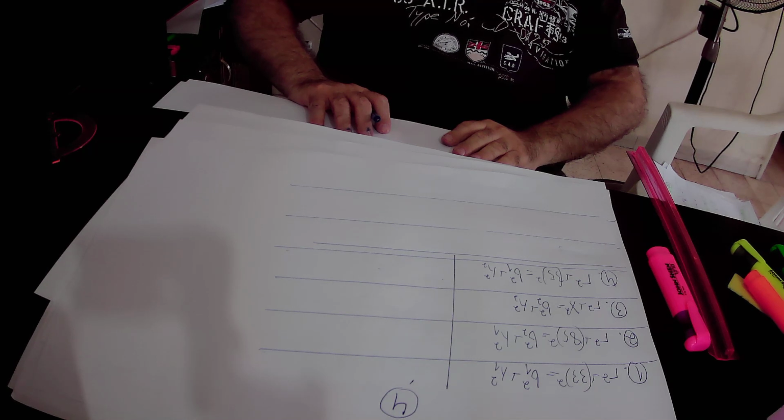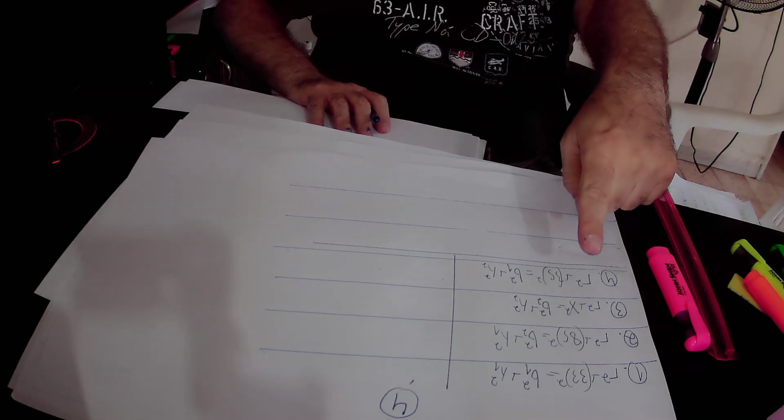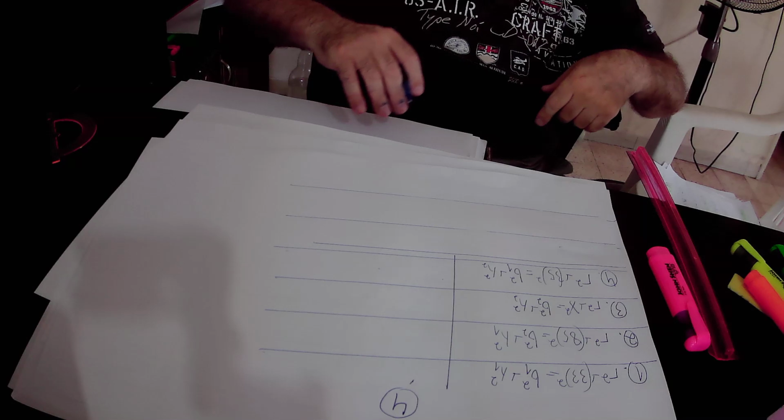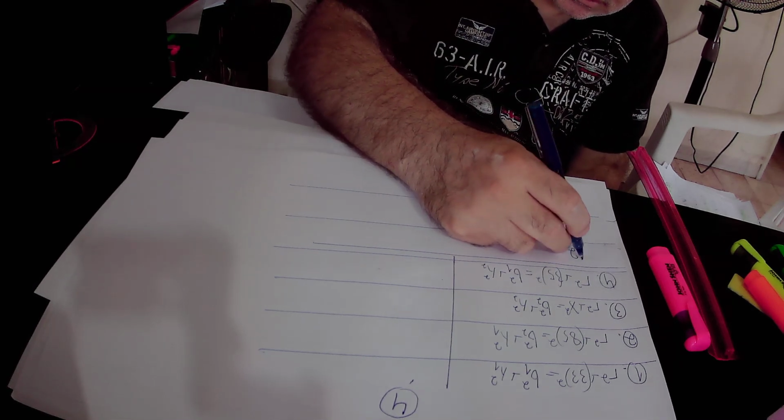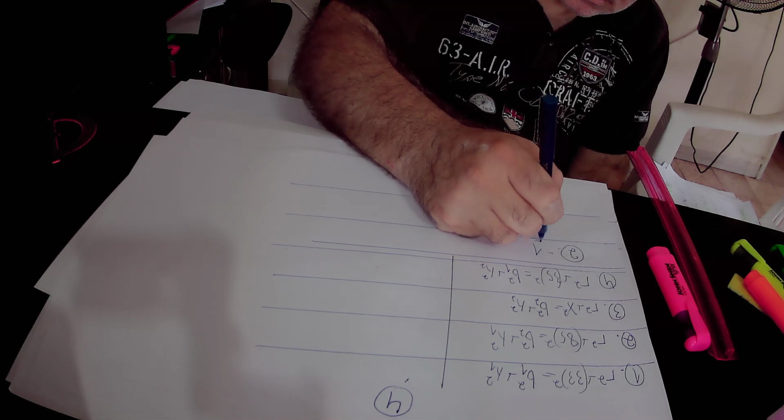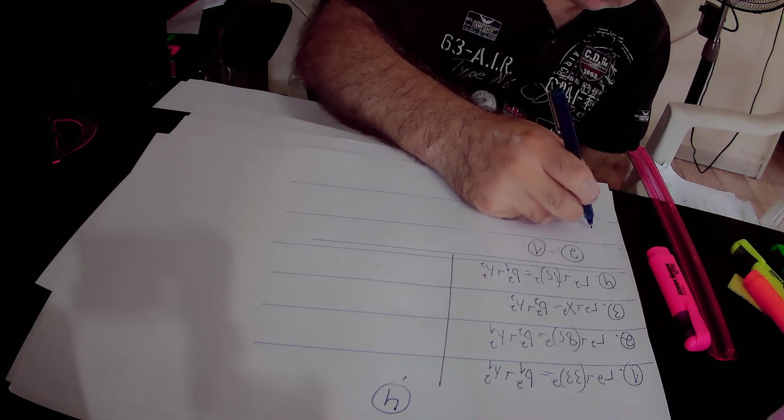In the next step, we subtract equation number 1 from equation number 2. That is to say 2 minus 1. This way we'll create equation number 5.